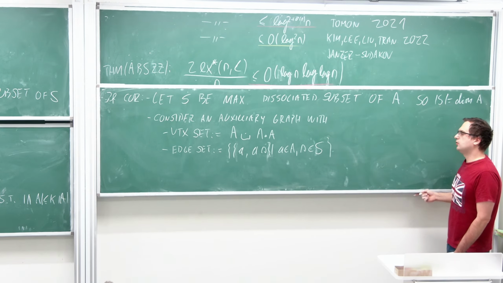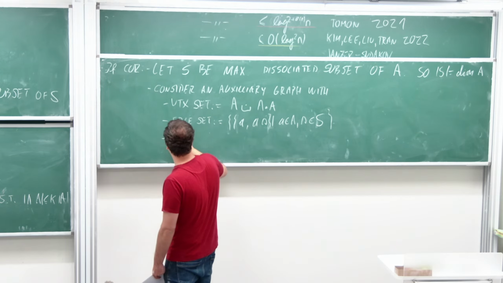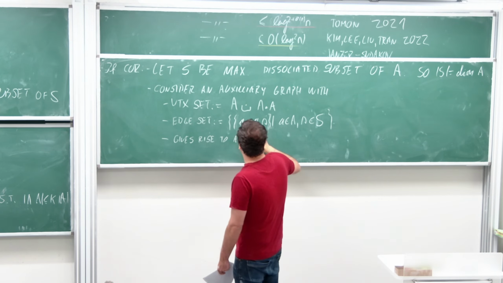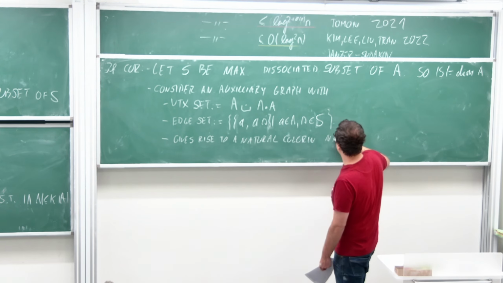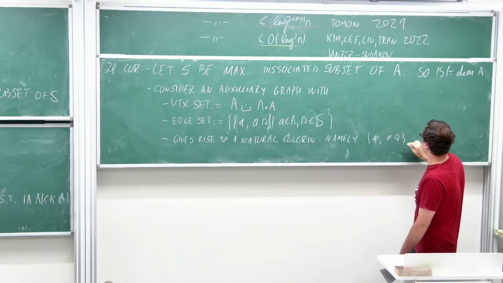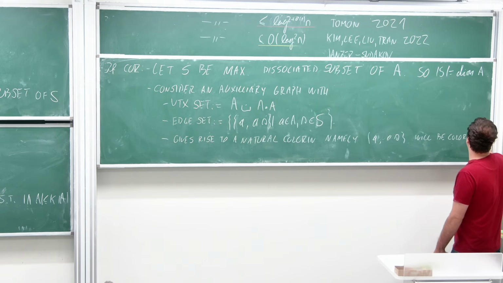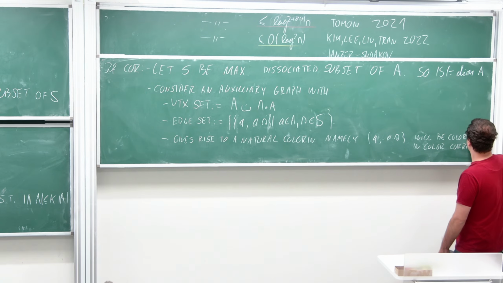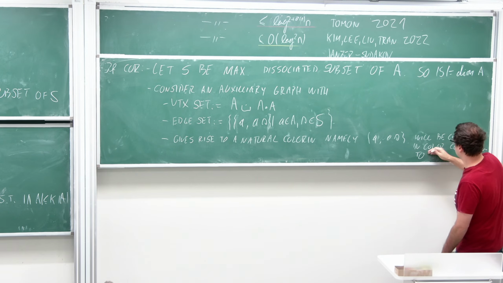Very good. So now note that this also gives rise to a natural coloring, namely the edge between a and a times s will be colored in the color corresponding to s.